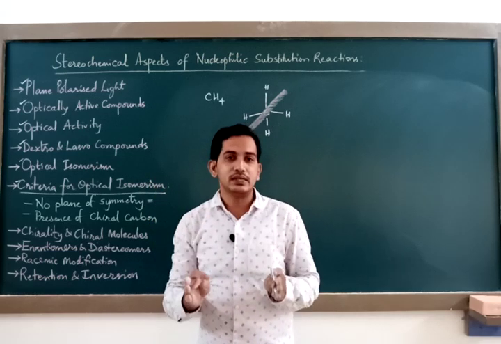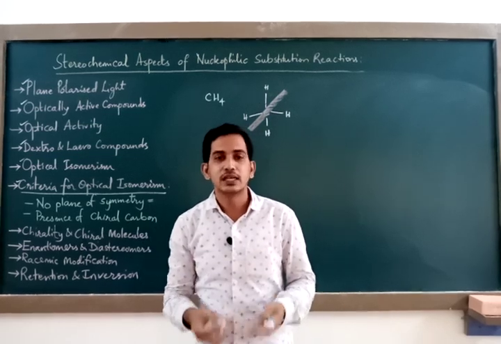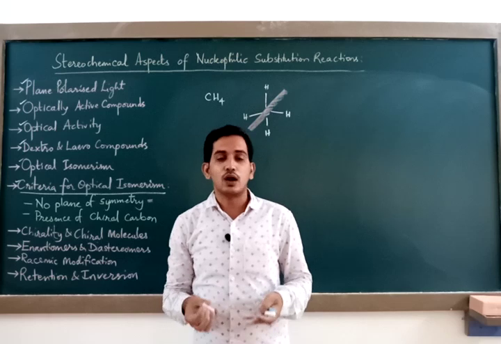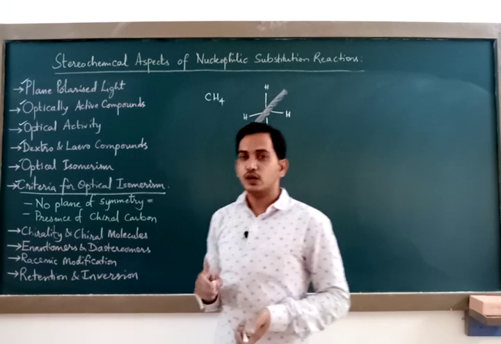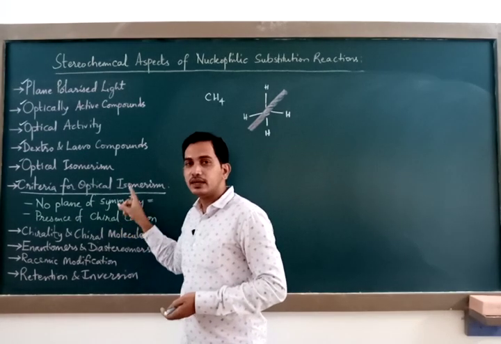Understood? If this happens, if plane of symmetry is present in any molecule, then we say such compounds are optically inactive. So molecules which contain a plane of symmetry are optically inactive.